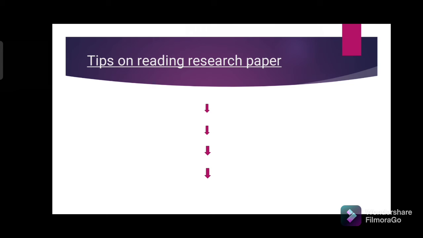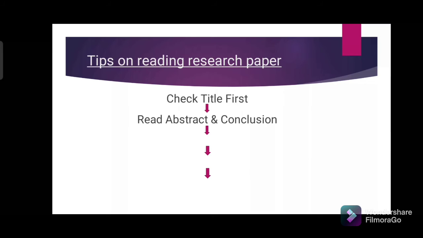So it is advisable, if you want efficient reading, some tips: you must check the title first. Is it related to your research? Then just go through that paper. Otherwise, keep it aside. It will not help you in any way. Then read the abstract and conclusion first. If you want to get something out of it, the first step is to read the abstract and conclusion as well. It will give you an idea about that paper.